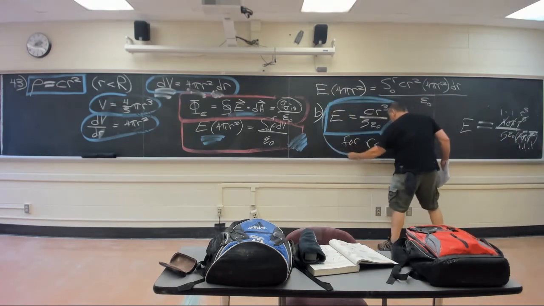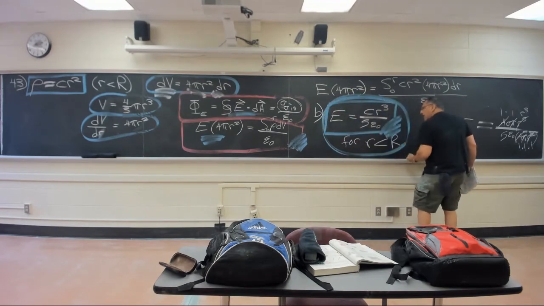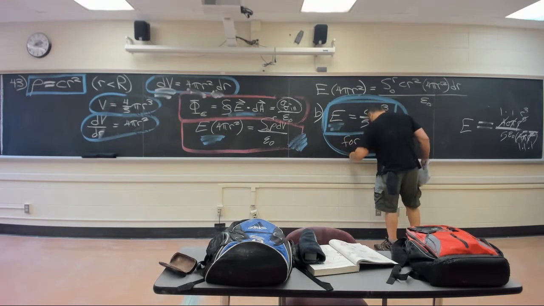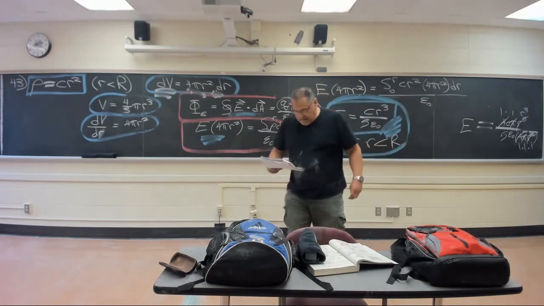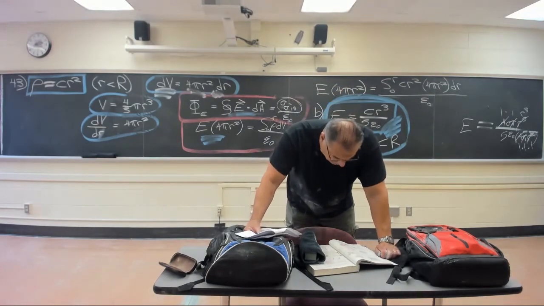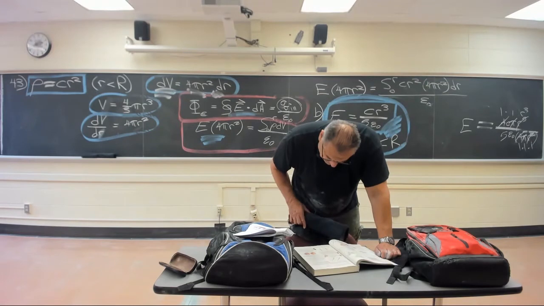That's B. I think A was the second one. When small r is less than big R, that's B, and we just answered it. So we answered B first.